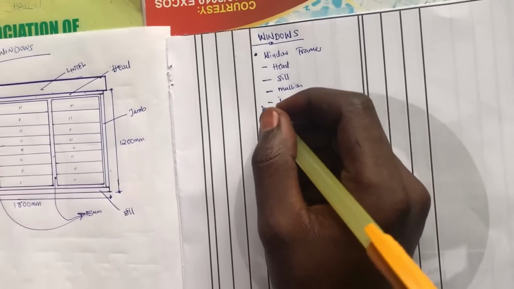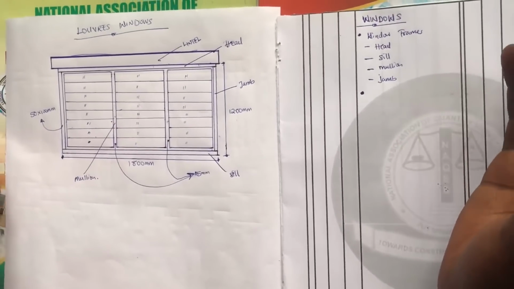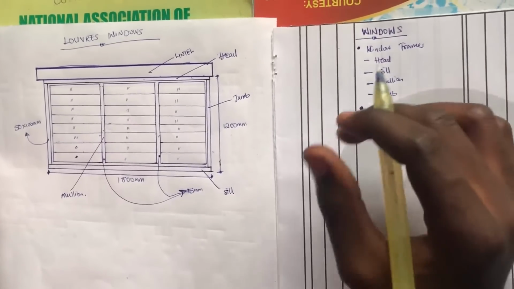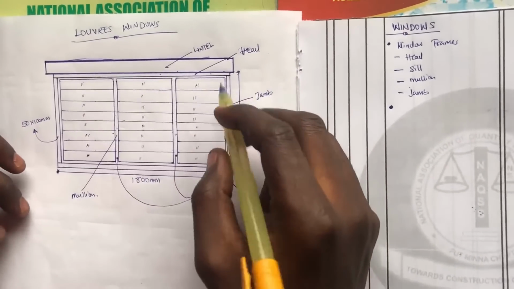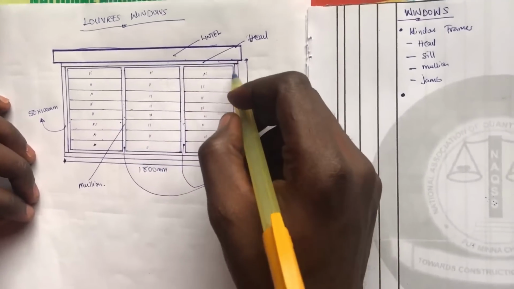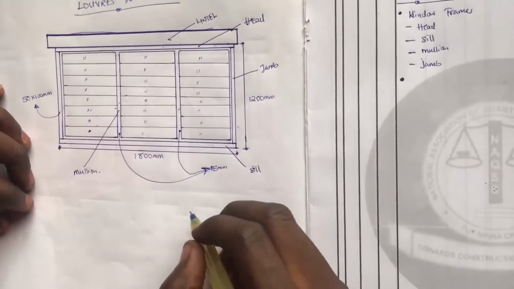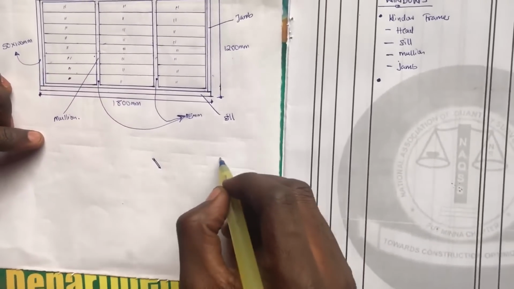And unlike the doors, where we usually measure for the ironmongeries, in this case, since this is a louvers window, all we need to do is put down what we call the louver carriers, which will carry the glass work here. If you've seen a louvers window before, it has something like this and another one here.